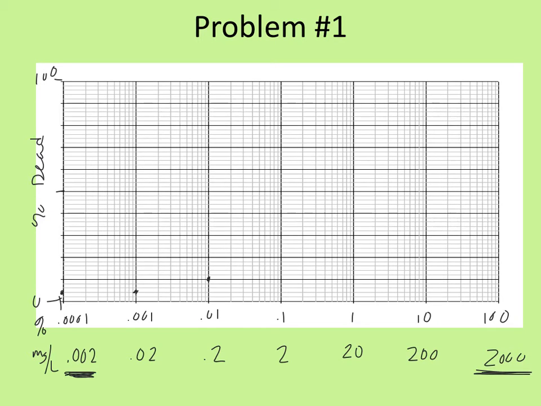Then the next one was 28, so 28 is right there. 42 was next, so 10, 20, 30, 42. Then we had 62, so we have 10, 20, 30, 40, 50, 62. And then 100. So it's a different shape of curve, but it's a curve nonetheless of the toxicity for this particular experiment.